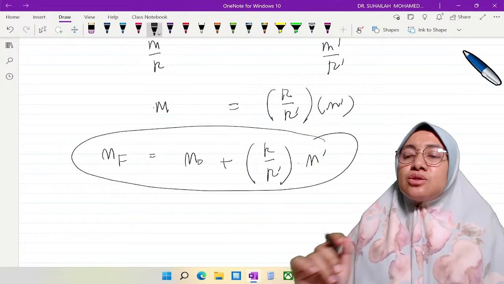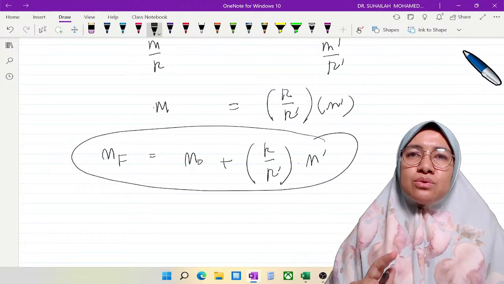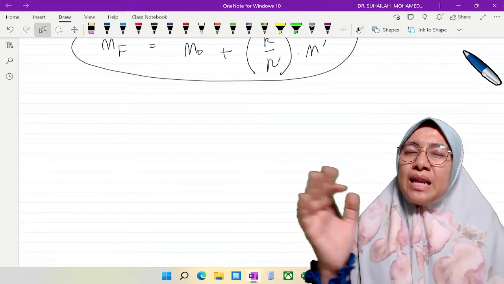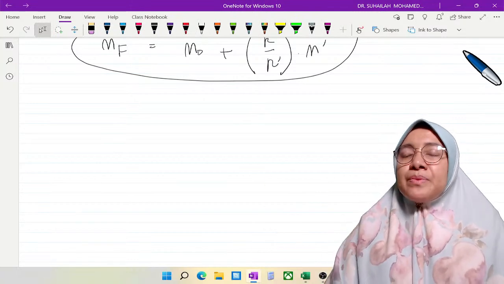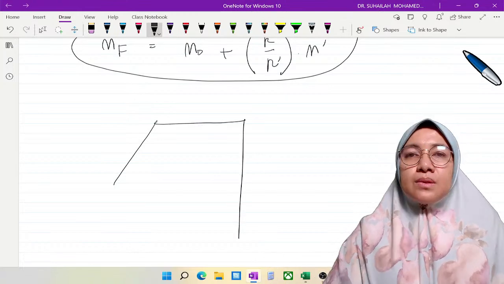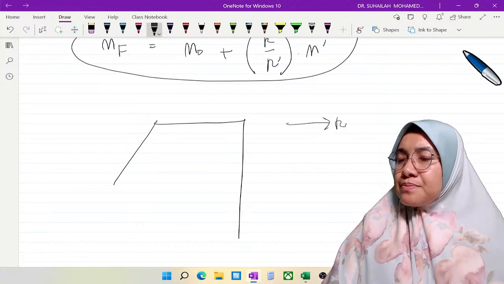Okay, so now we want to focus on table number 2, frame number 2. The frame that we have analyzed today is this, due to R prime.